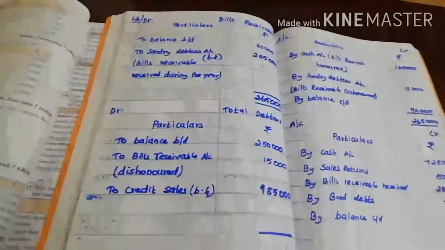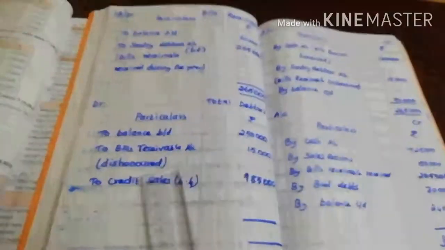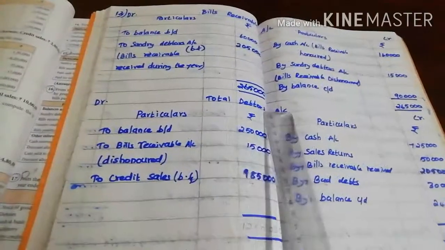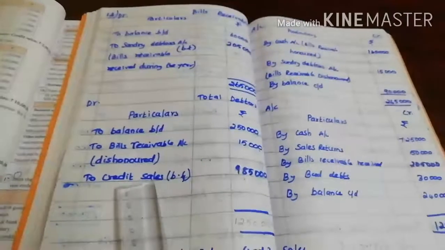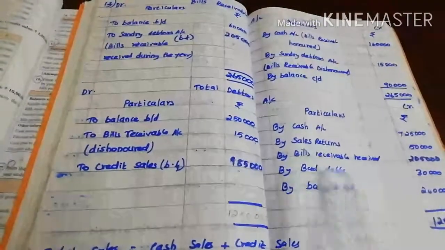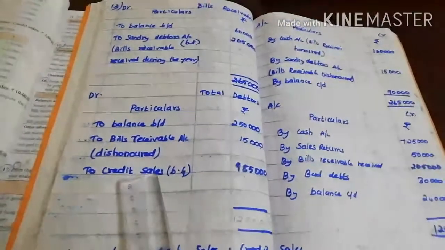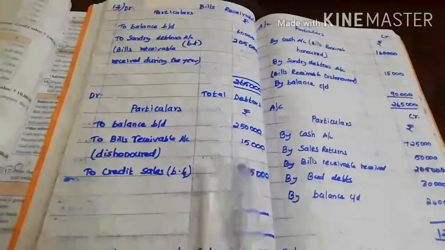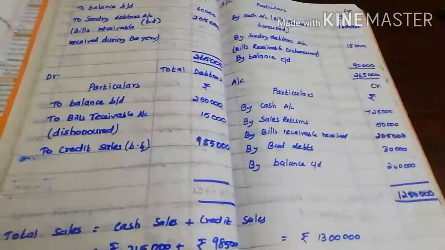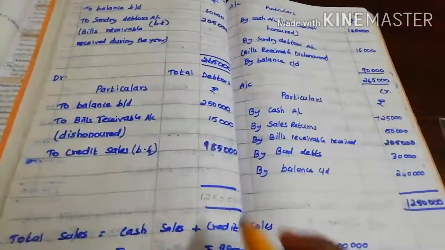That is the missing information, so I have written here balancing figure. The purpose of preparing the total debtors account is to find out the credit sales, since the closing balance is given in the sum. So the credit sale is the answer, 9,85,000. If you add all the debit side, you get a total of 12,50,000 on both sides.